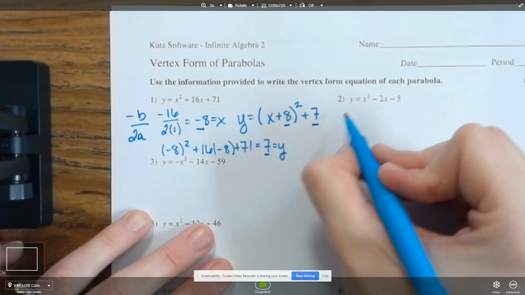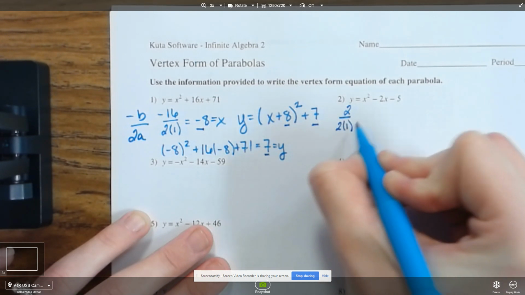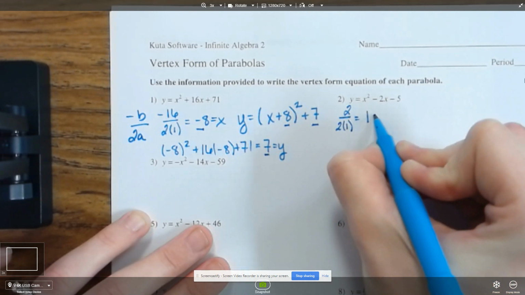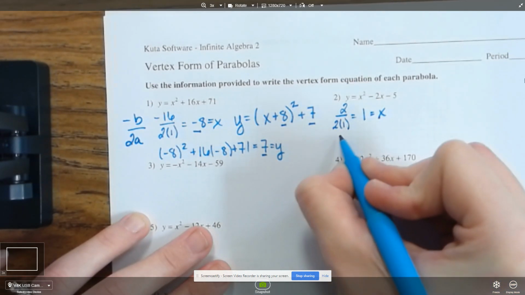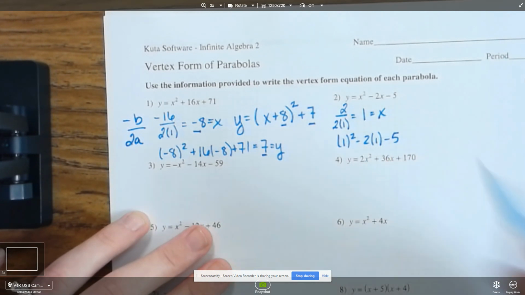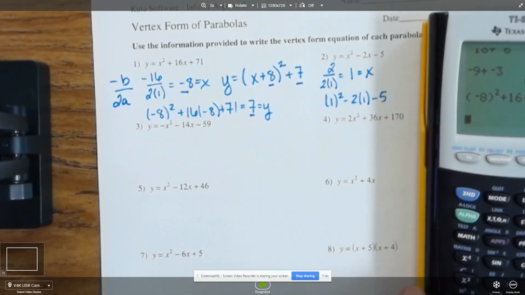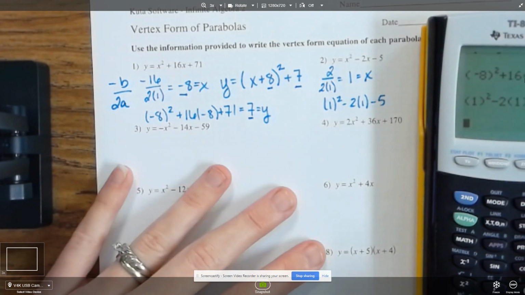Okay, so same thing here, negative b, so that would be a positive 2 divided by 2a. So my x is going to be 1 here. So when I plug this back into my quadratic, so we have 1 squared minus 2 times 1 minus 5.